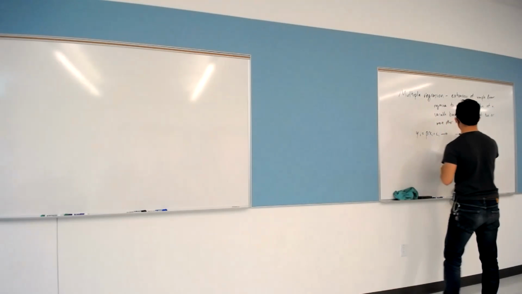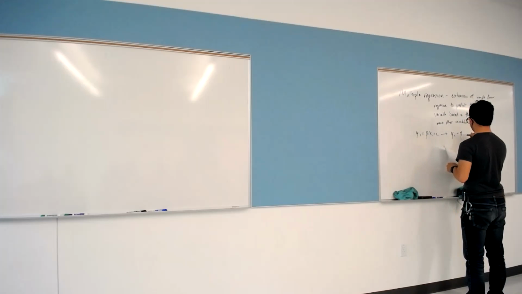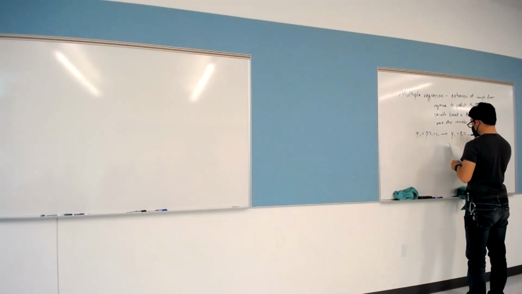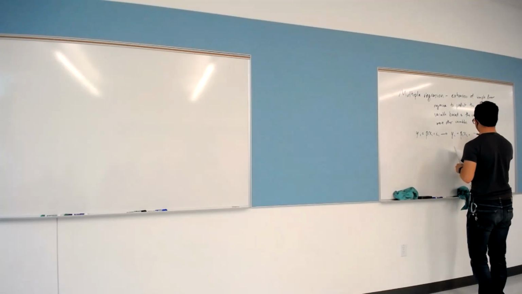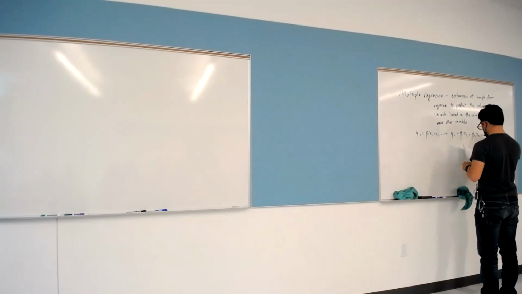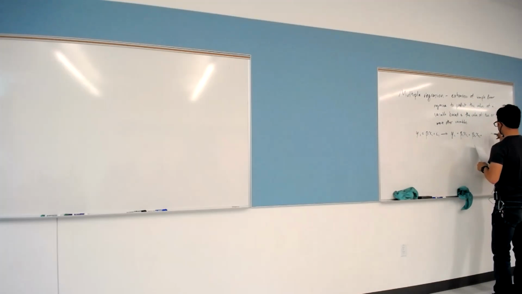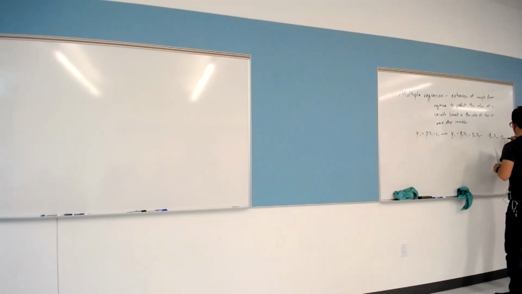Now we're going to go to y_i equals beta 1 times x1_i plus beta 2 times x2_i plus dot dot dot beta n minus 1 times x_(n-1)_i plus beta n times x_n_i plus epsilon_i.